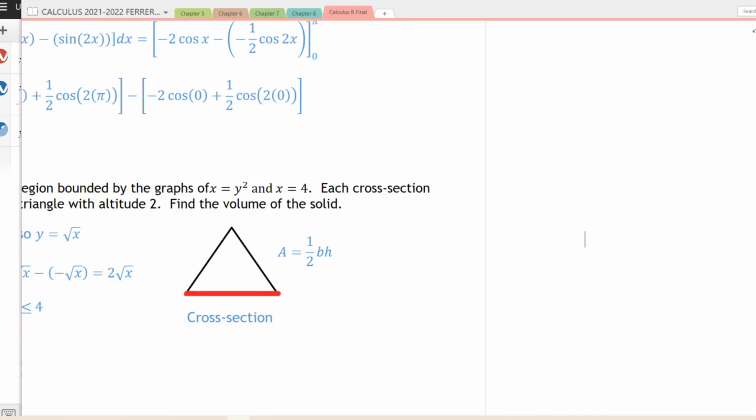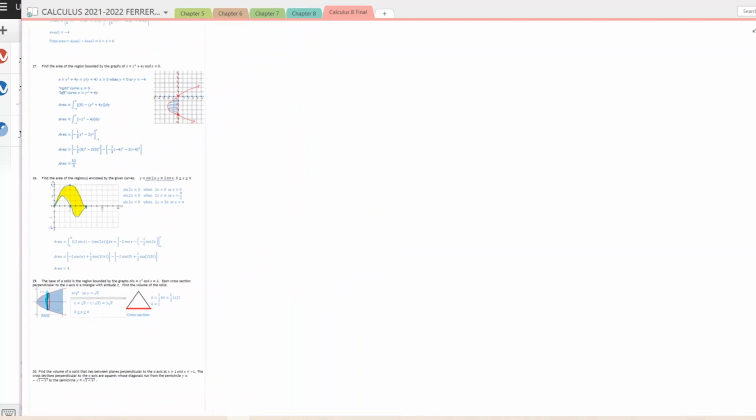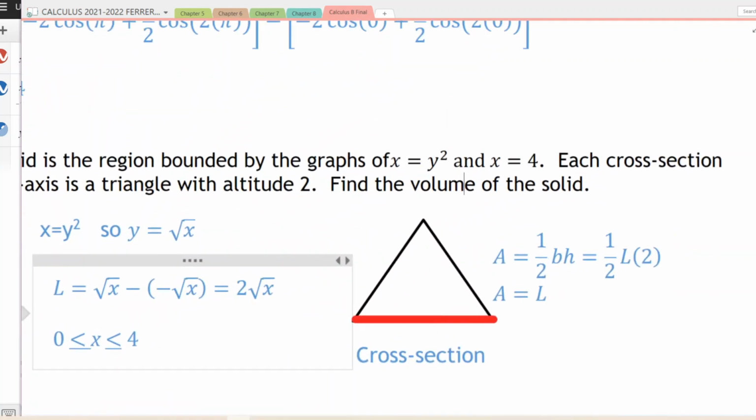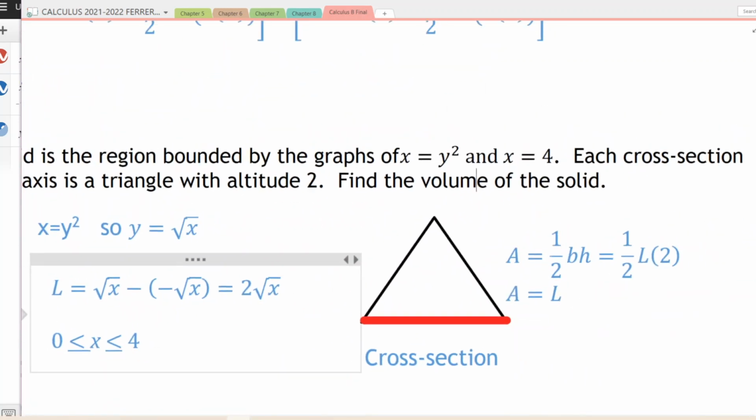The base of this triangle is going to be L, and the altitude is always 2, so the height is 2. In other words, the area of this triangle is always just going to be L. And if you remember from earlier, L was equal to 2 square root of x.